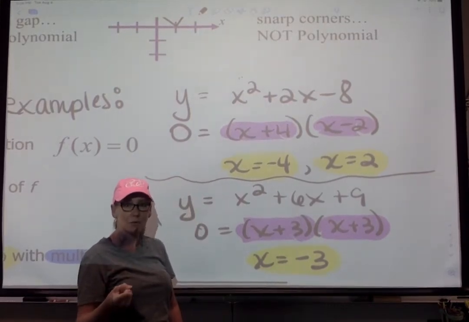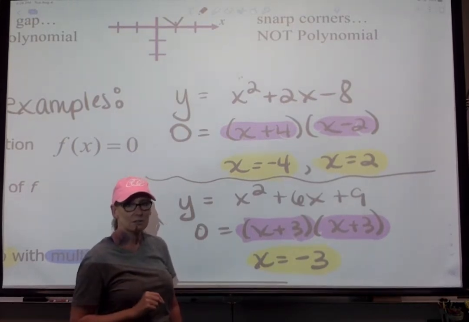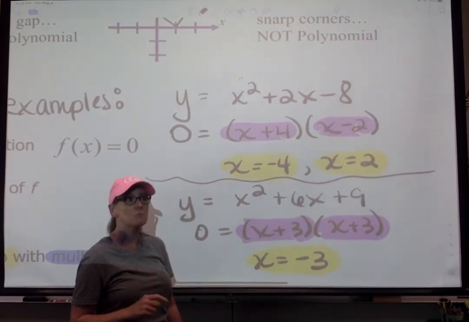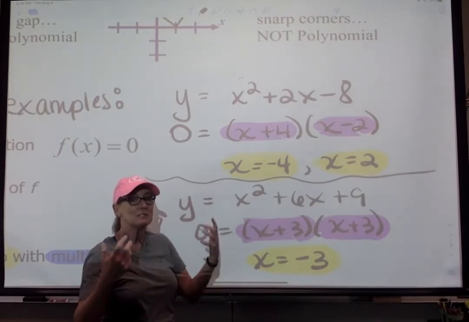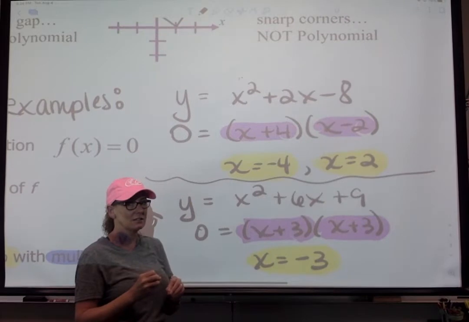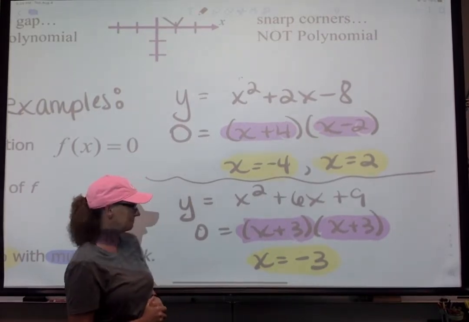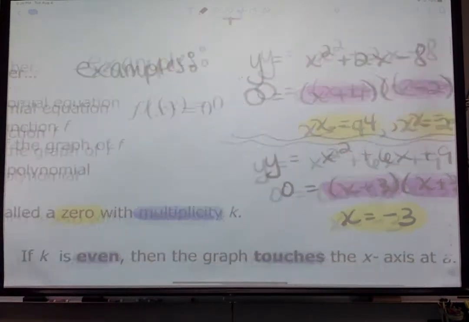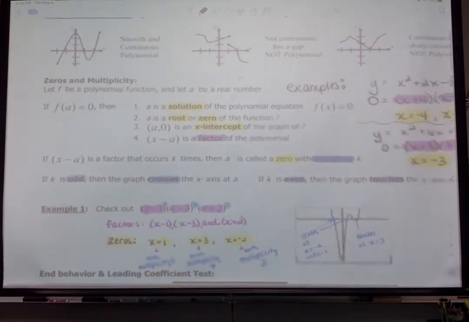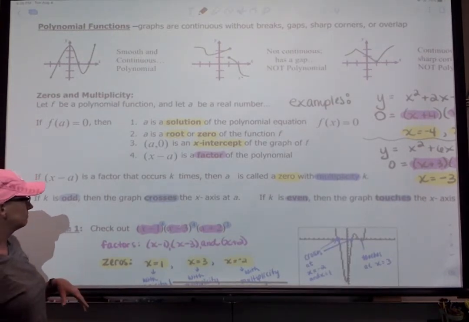How is that possible, for a parabola to only cross the x-axis once? Well, it must be sitting on the axis. The vertex is on the x-axis. So, having said that, let's talk multiplicity.